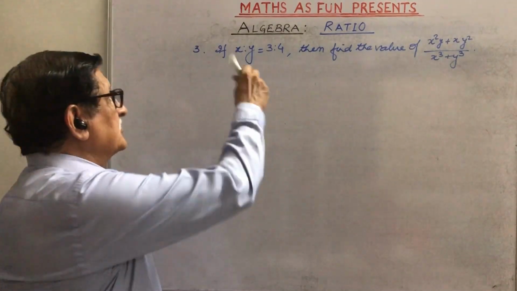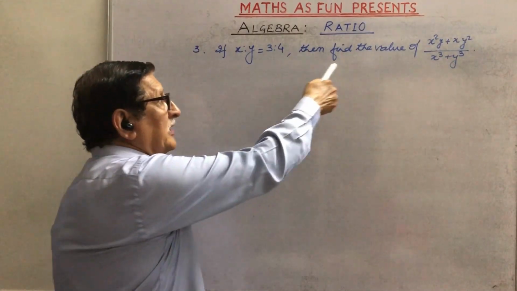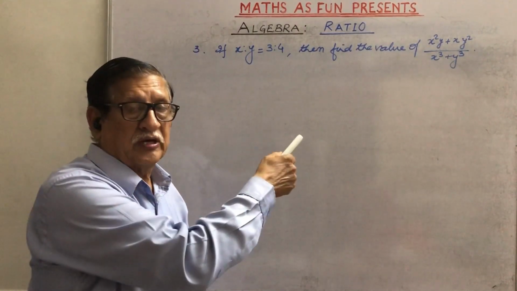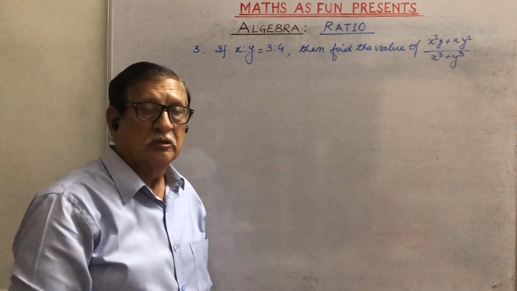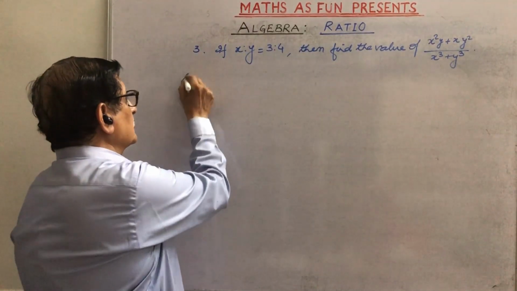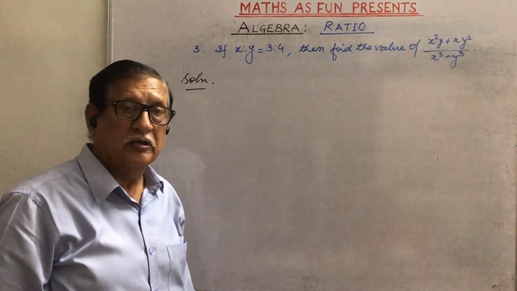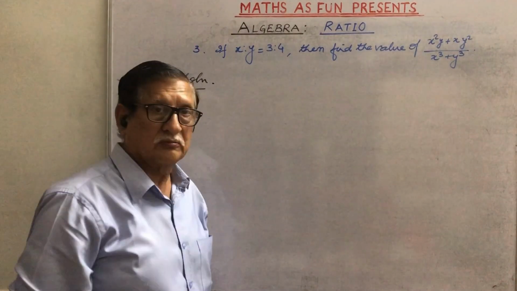The next problem is, if x is to y is equal to 3 is to 4, then find the value of x square y plus xy square divided by x cube plus y cube. To find the solution of this, what we do, we can consider the values of x and y some multiples of 3 and 4.